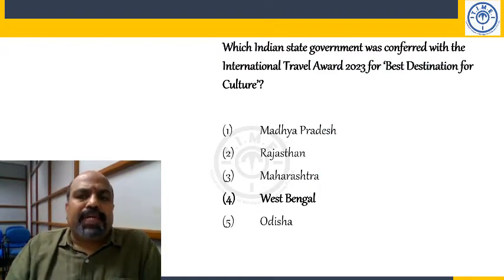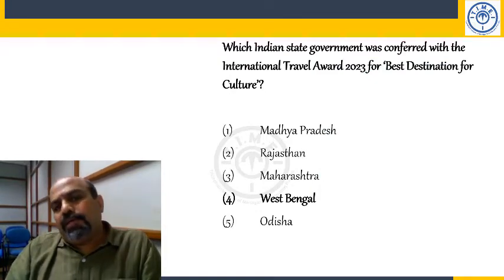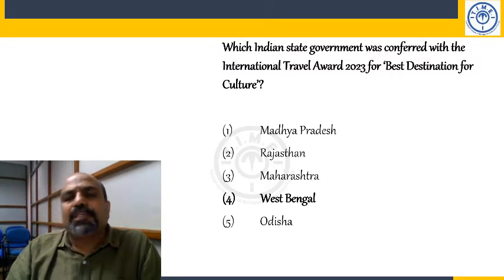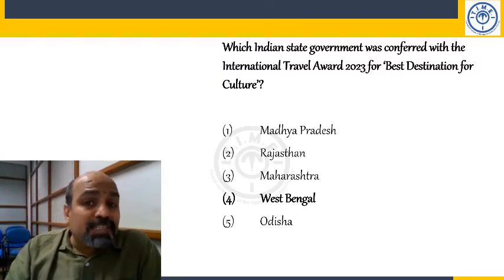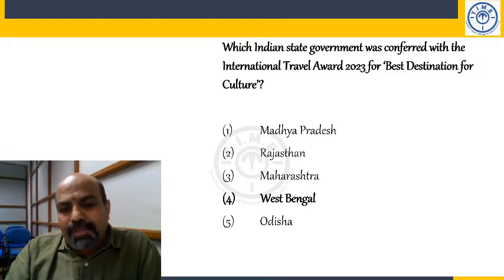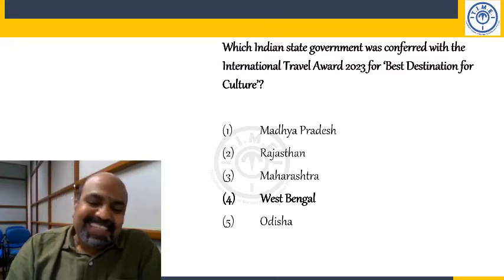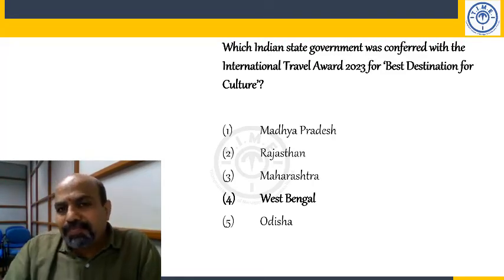Which Indian state government was conferred with the International Travel Award 2023 for Best Destination for Culture? West Bengal. Yeah, the land of Rasgulla. It's an amazing place, especially the cuisine. How does it promote tourism?